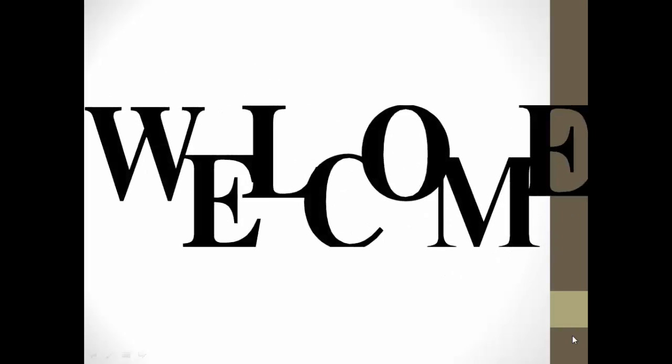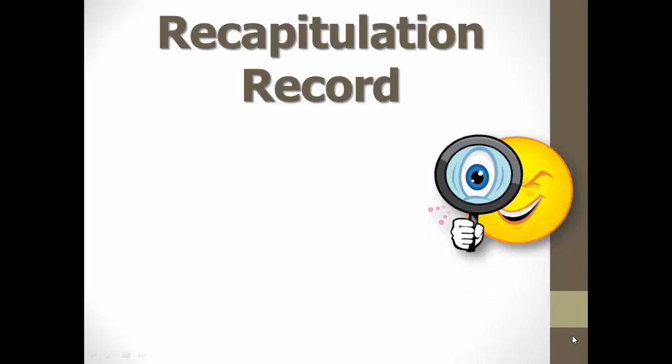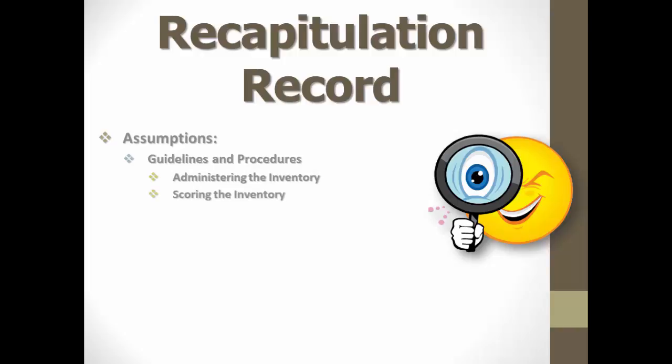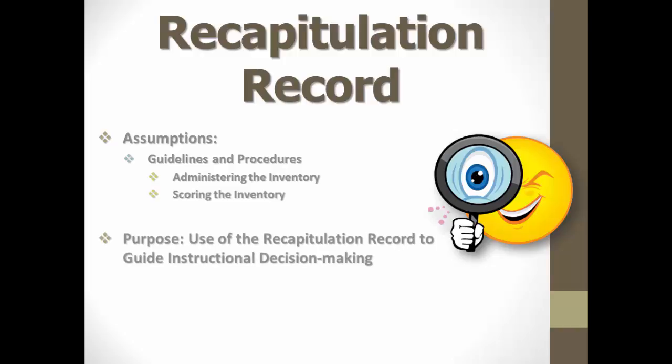Well, welcome. Welcome to this presentation where we're going to put the recapitulation record under the microscope. We have certain assumptions here, and that's that you've read the guidelines and the procedures, you know how to administer and score the inventory.